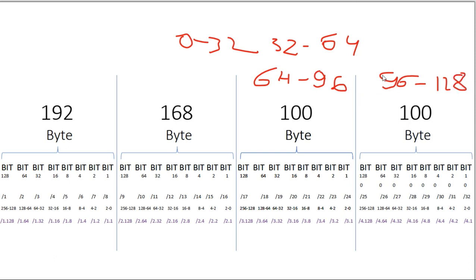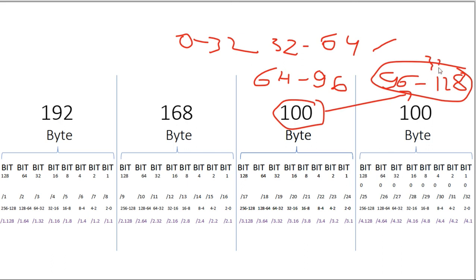Sorry about that. So you know immediately, okay, this is 100. Where does it belong? Here. It belongs to this network. So you have 32, 32, 32, 32.